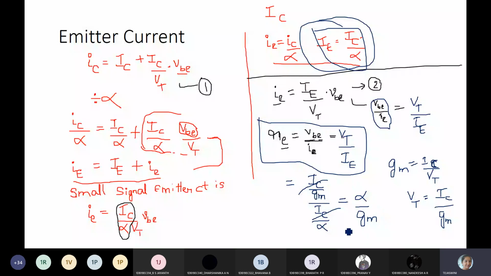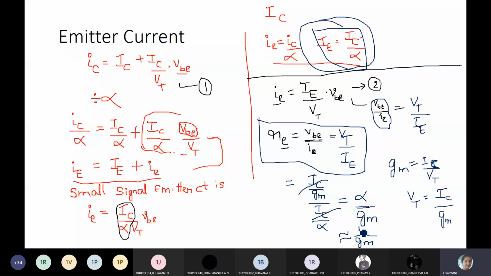Sometimes we approximate RE because alpha is very close to 1, so it is negligible. We retain approximately 1 by gm. I hope you have solved a problem in basic electronics where you get a value of alpha like 0.99, so it is approximated to 1.